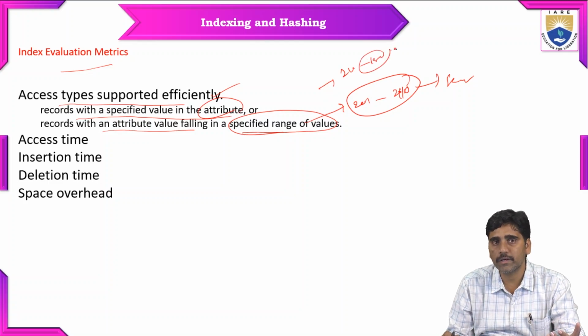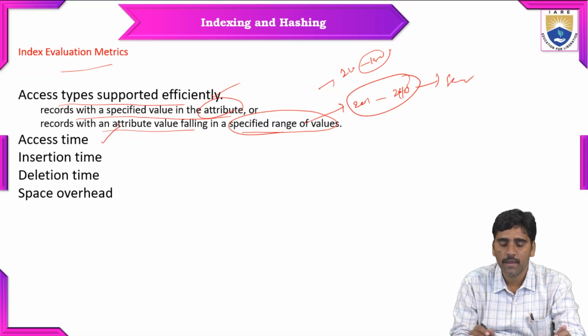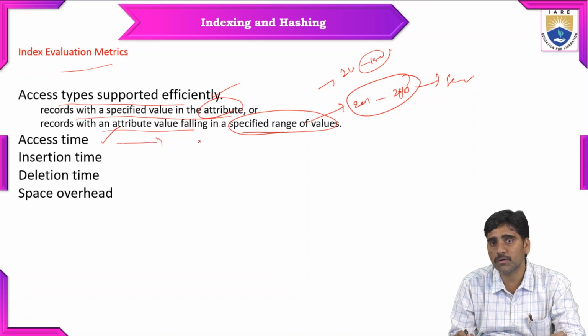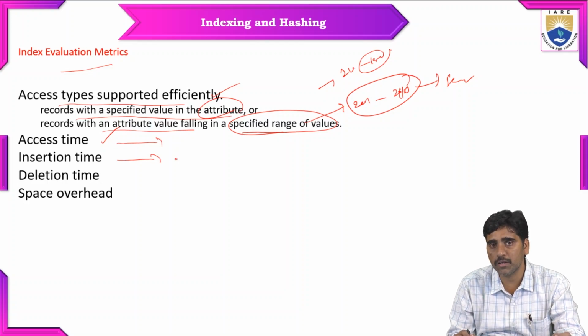What are the metrics we use for the indexing mechanism? First, to reduce the access time, so it takes less time to access the data. Reduce the insertion time also: inserting values for a particular record into the file takes less time. Deleting a value also takes less time.